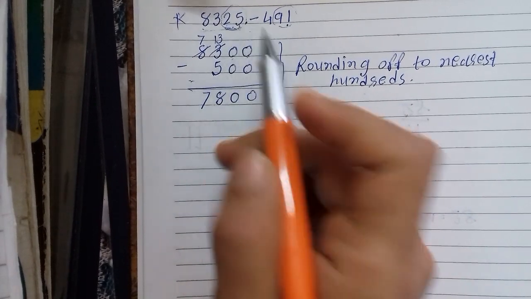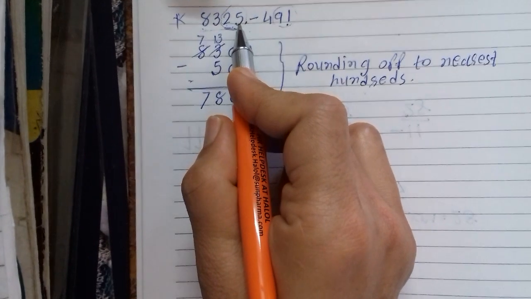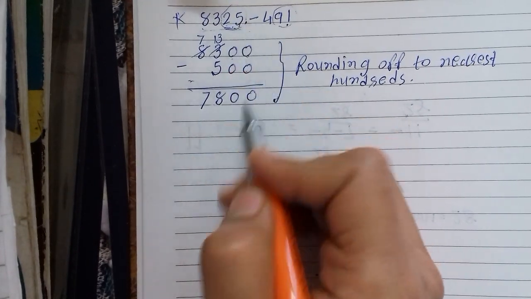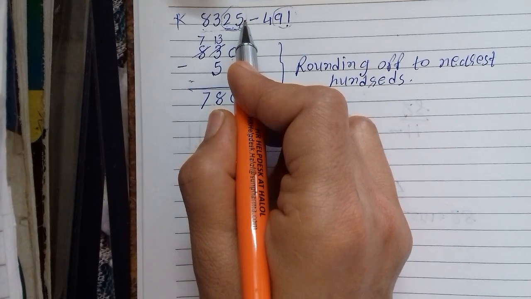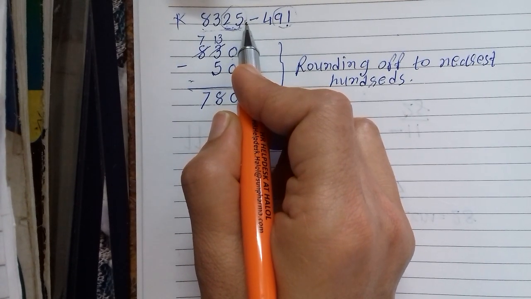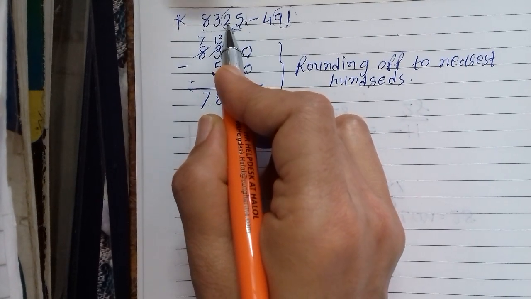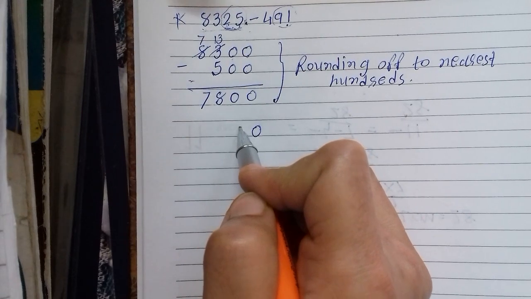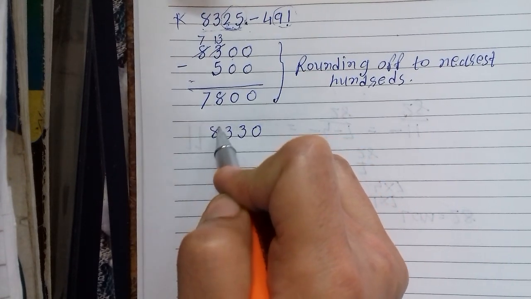So first put 1 0 here, instead of 5 put 1 0 and then see 5. 5 is the middle, but we add 1 in the next digit, 3, 3, 8.